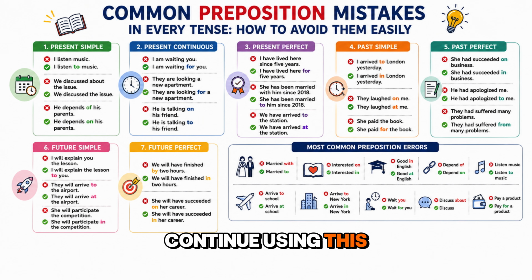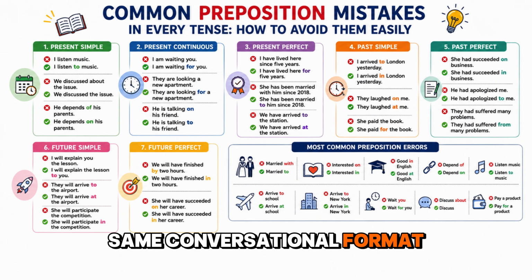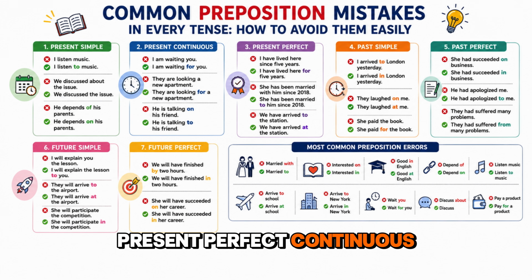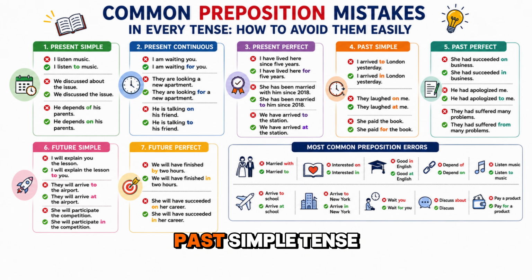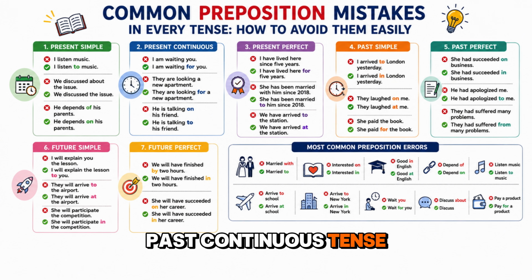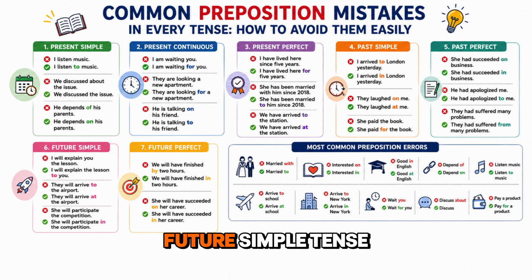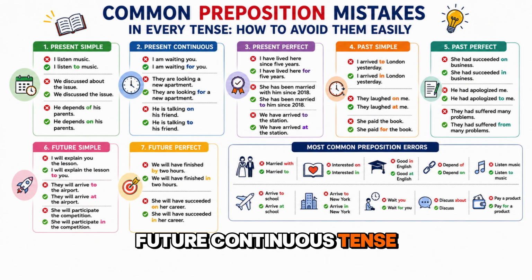Continue using this same conversational format throughout the remaining sections. Present perfect continuous tense. Past simple tense. Past continuous tense. Past perfect tense. Past perfect continuous tense. Future simple tense. Future continuous tense.